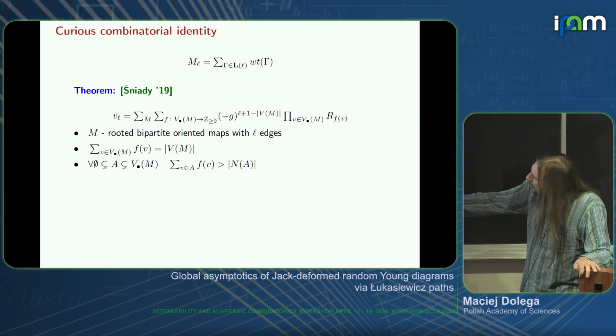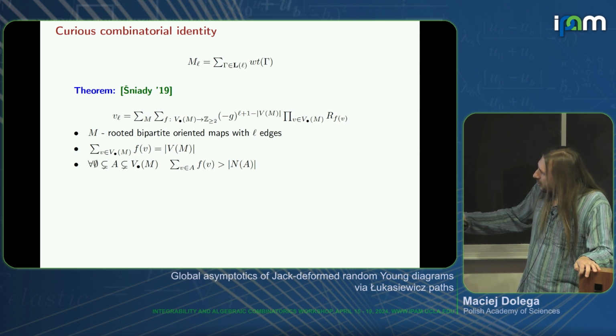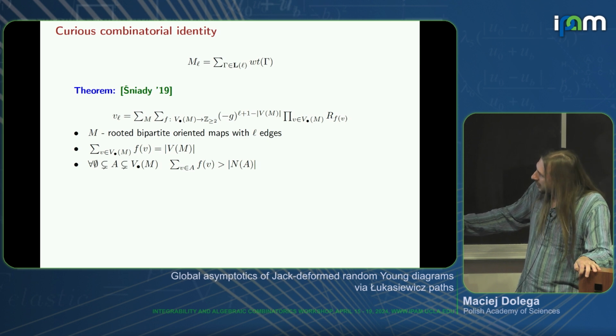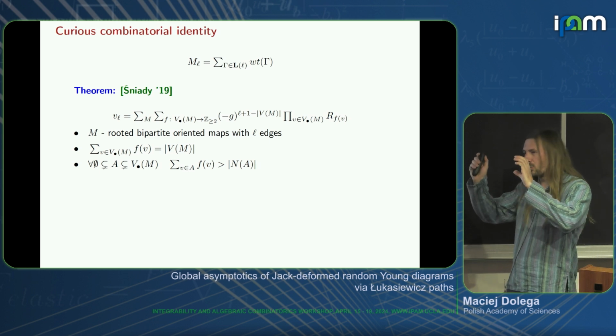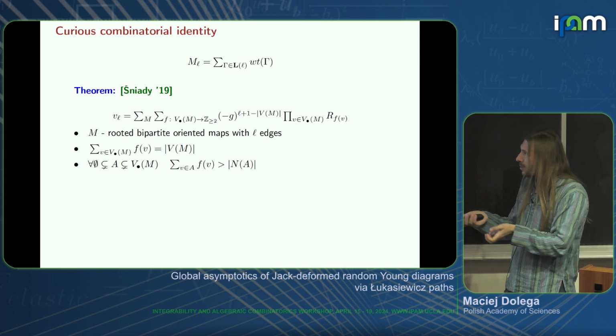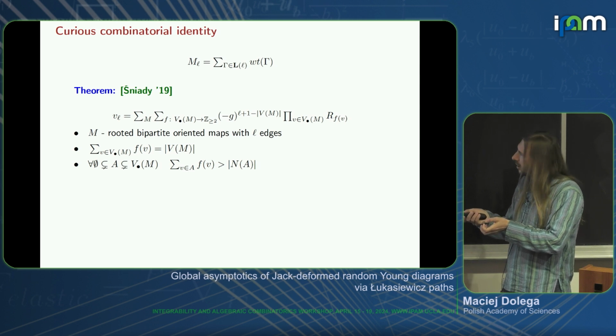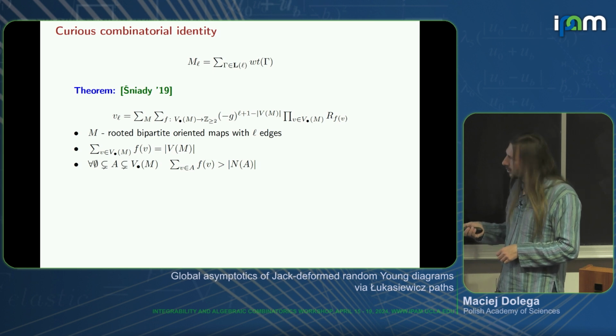So what you do, you sum over all rooted bipartite oriented maps with L edges, and with some colorings of black vertices, where there is this very funny condition that the coloring has this property that whenever you look at any non-trivial subset of black vertices, the number of white neighbors has to be strictly smaller than the sum of the colors.